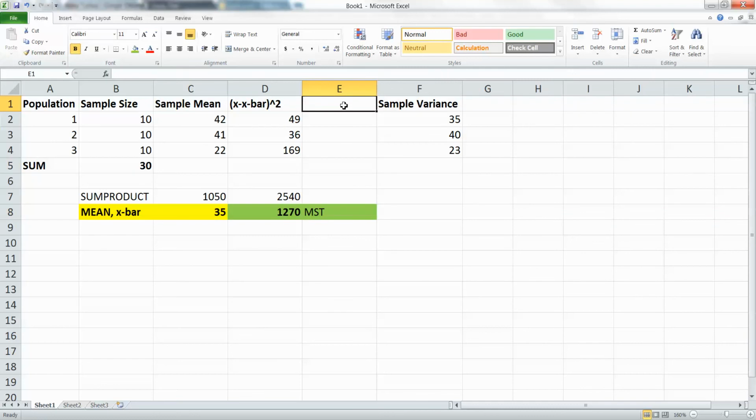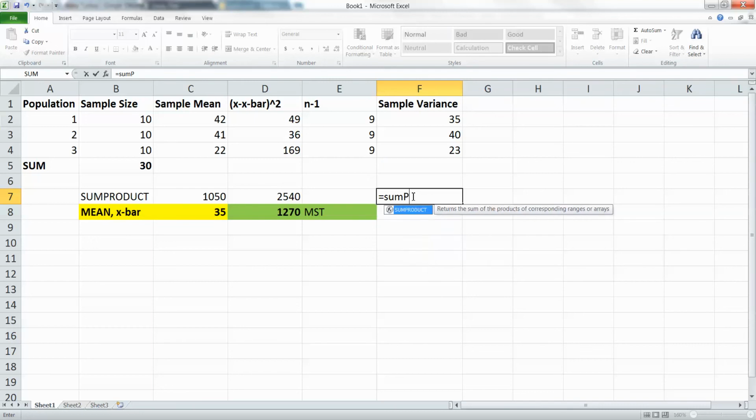I'm going to find n minus 1. It's going to be very simple. I don't have to do it here, but I'm going to do it here. This guy minus 1. We all know it's 9, I know, but if I get Excel to do it for me, that's all the better, right? Okay, so I'm going to find my sum product. So it's equals sum product.